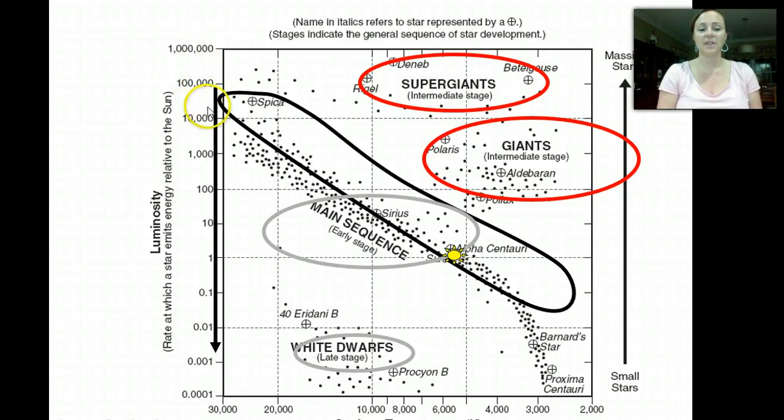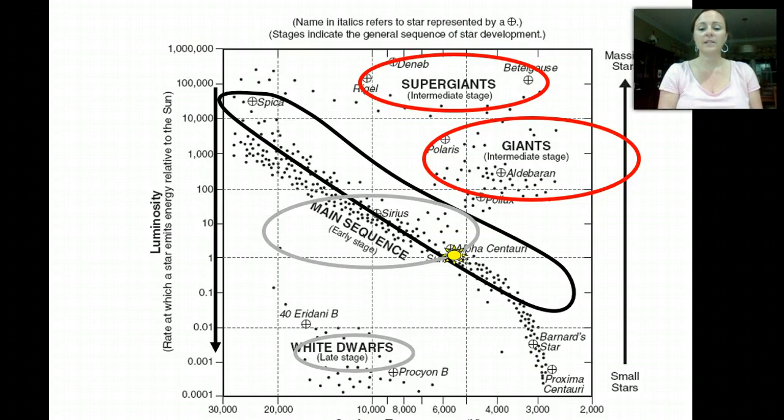Everything in here is the 10,000s, 1,000, 100, tens, and ones, and then conversely going smaller than 1. And if you notice where our sun is, it's directly at 1. So everything above our sun is considered brighter or has a larger luminosity. Everything below our sun has less luminosity, so it is less bright.